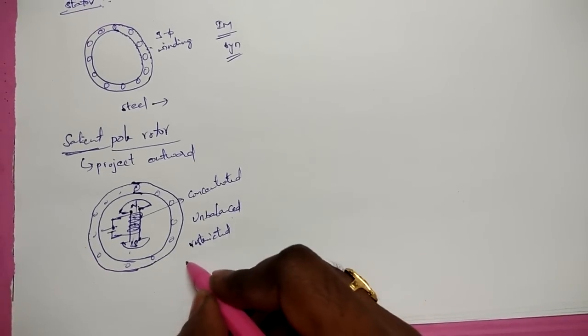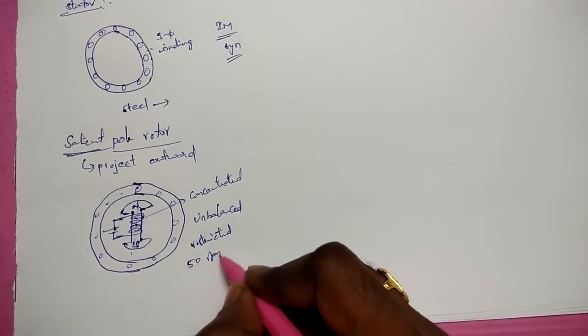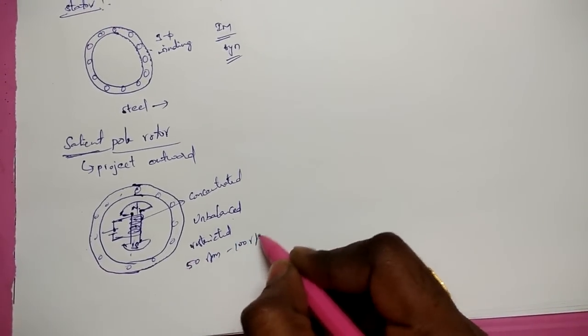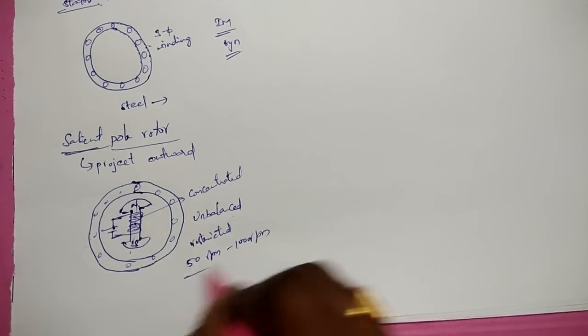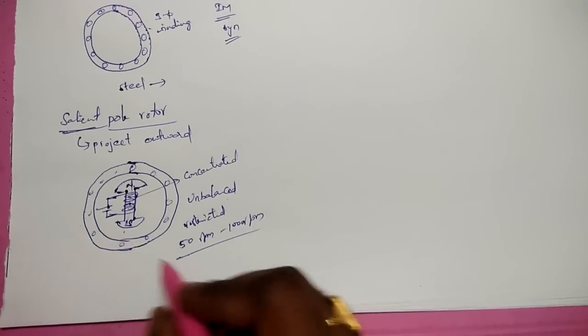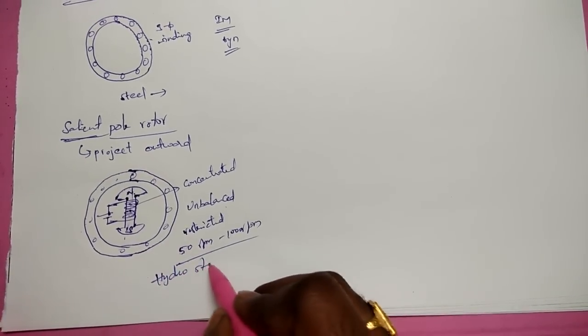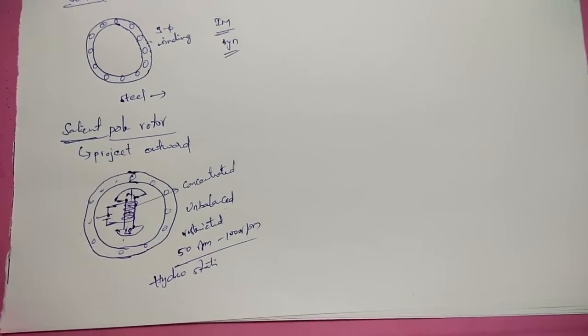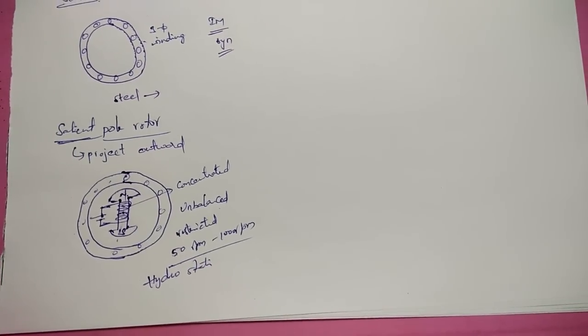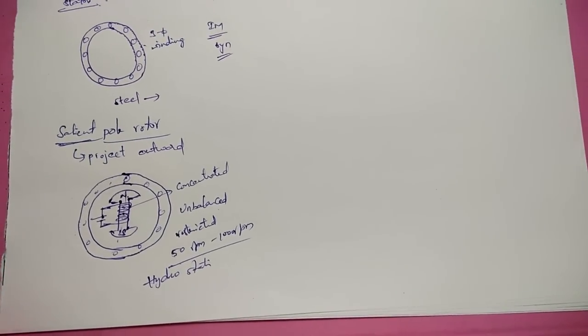So the speeds are restricted, and we cannot go for high speeds. Generally the speeds are from 50 rpm to 1000 rpm, and this type of rotor is used in hydro stations and diesel stations.